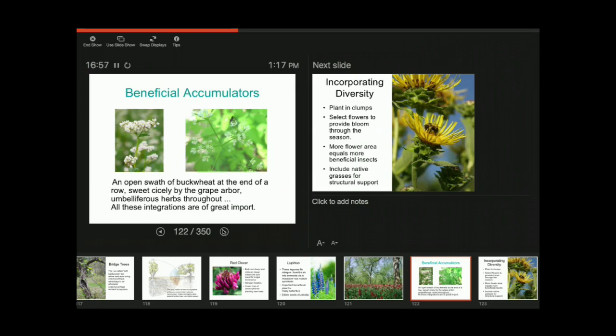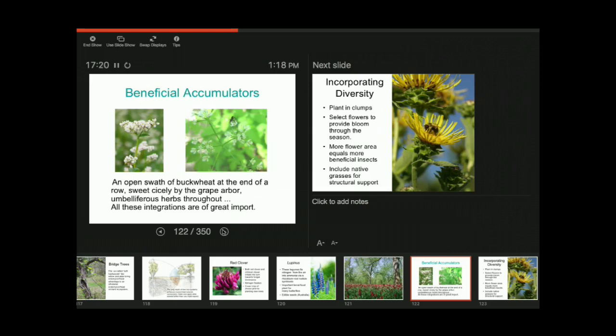Anything in the Umbelliferous family is in this category. Sweet cicely, if you've ever grown this herb, has anyone grown sweet cicely? Do you know sweet cicely? The seed pod tastes like licorice. It's like you get this planted candy in the orchard that you get to eat for like a week when it's really nice. But it's attracting all these great insects.